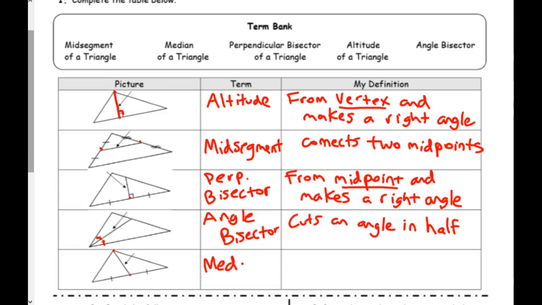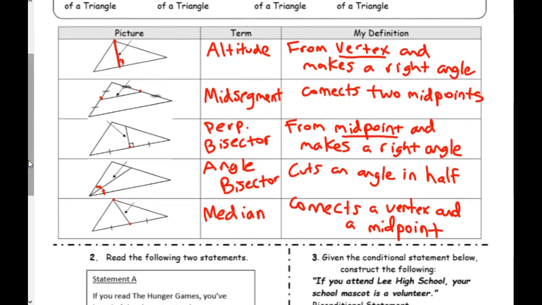It's called a median. Connects a vertex and a midpoint. Okay, so these are all the different lengths, segments we learned about in triangles.